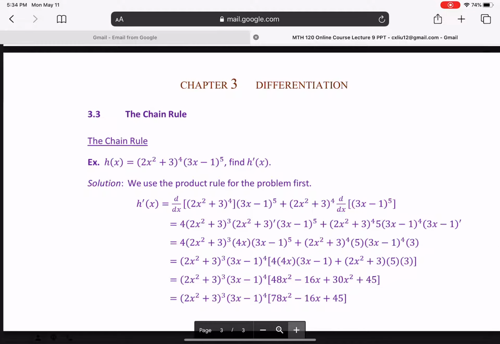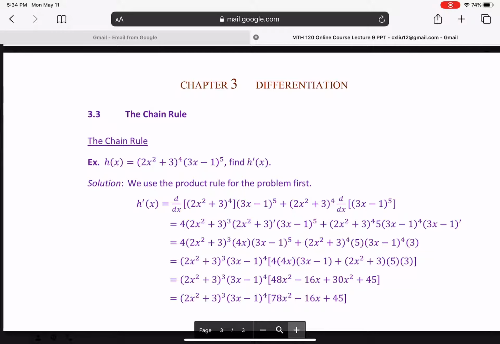All right, let's do a problem that requires both the product rule and the chain rule in one problem. In many problems, you might need to use multiple rules instead of one.